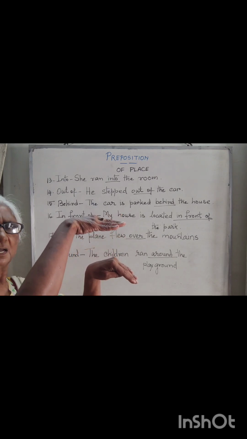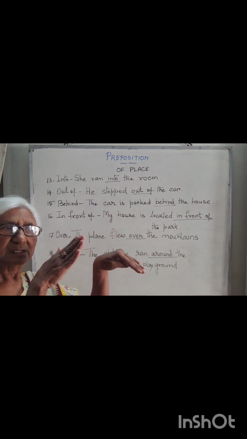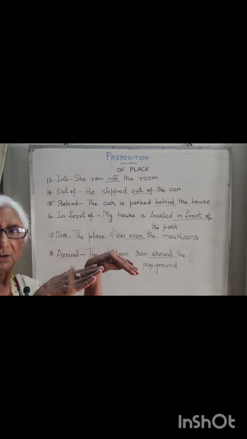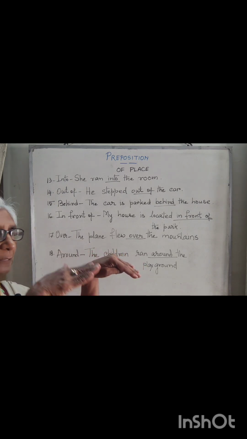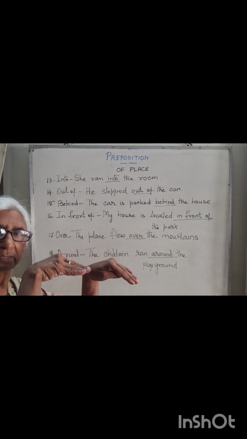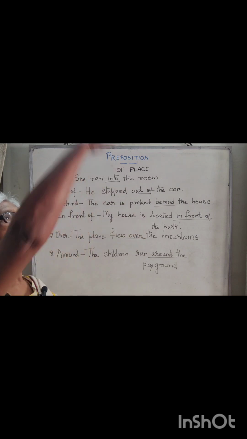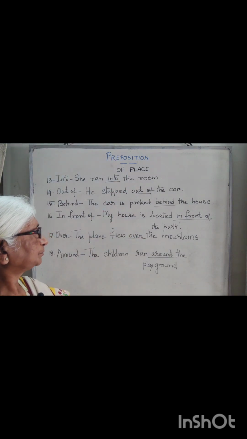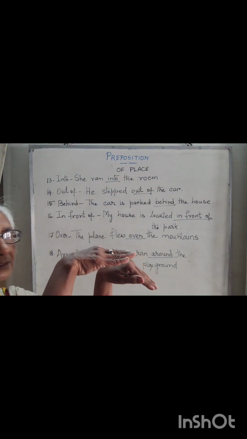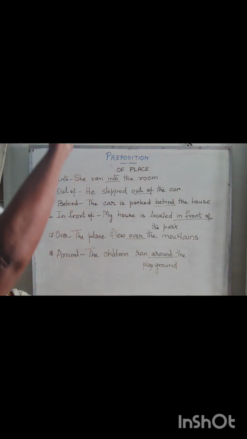It may be a little higher also, but there should be something below it. It flew over the mountain. Here mountains are there below, so it is over. When mountains are not there and it flew high, then it is above. Without mountains, it is above.